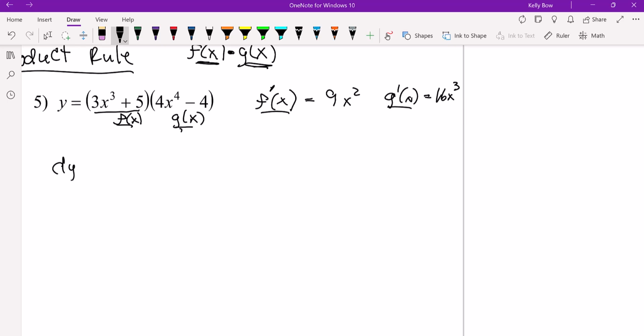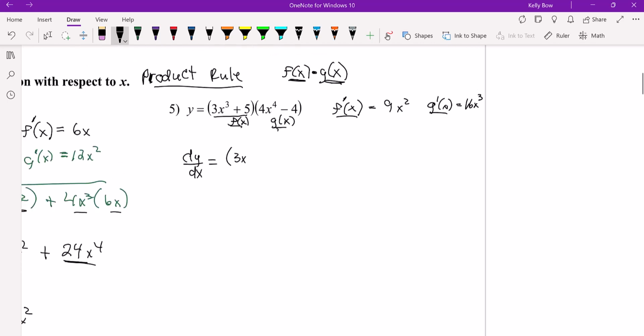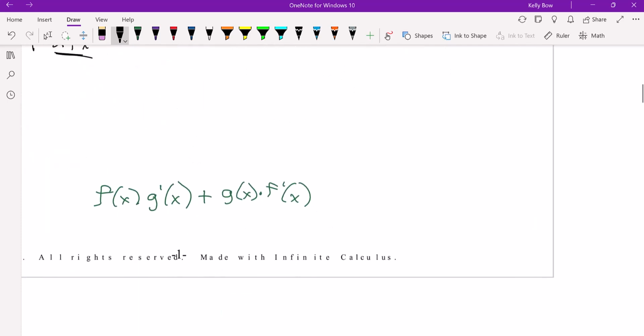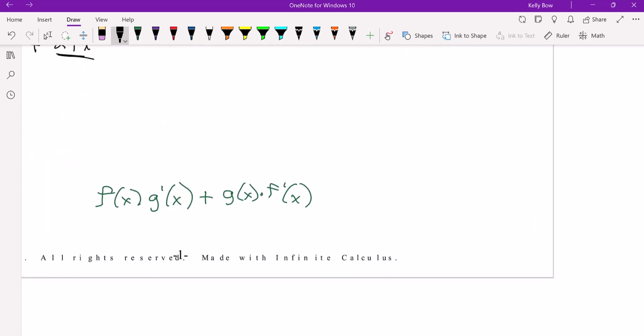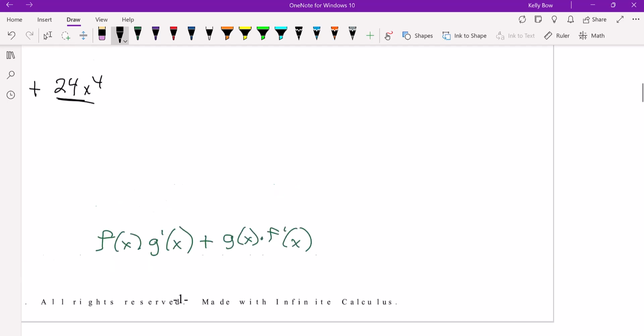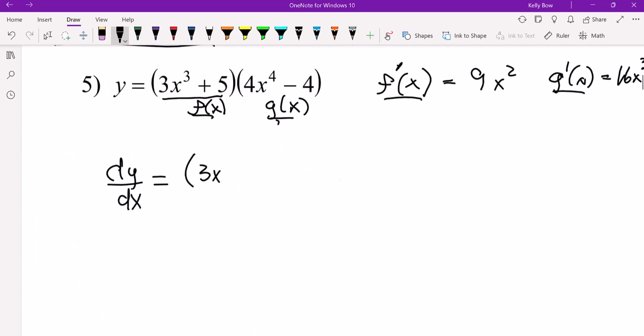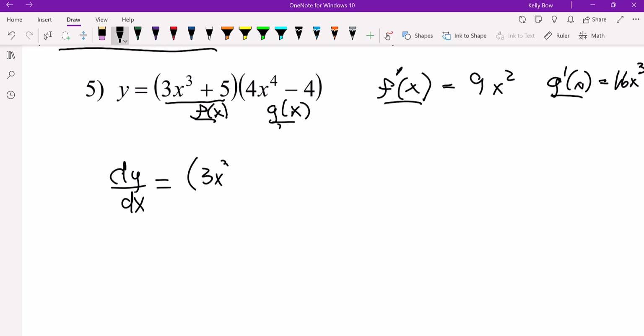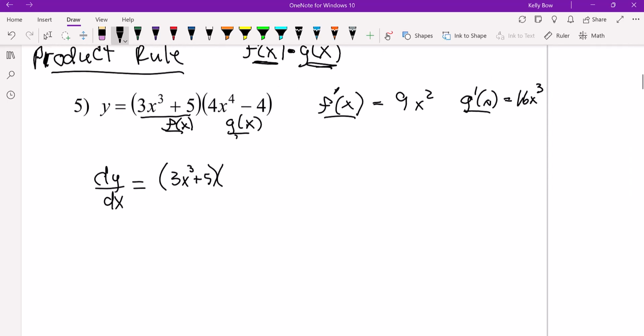So dy/dx is equal to f, because we have that formula right there, f times g prime plus g times f prime, and prime means derivative, so we have f times g prime, which is 16x cubed.